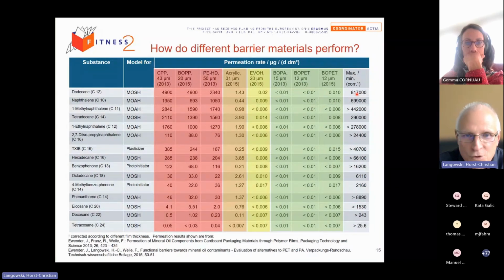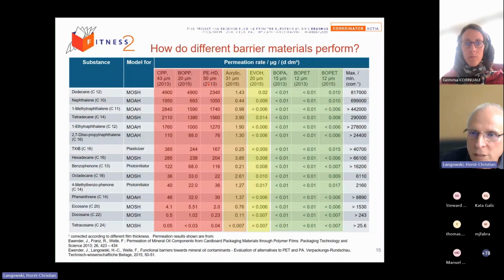So if you would like to use a coating or an extra layer or something like that, you should more look into this area here than relying on PE coatings or PE inner pouches. Acrylic and EVOH is in between. EVOH is a good oxygen barrier, but less good for the mineral oil residues.